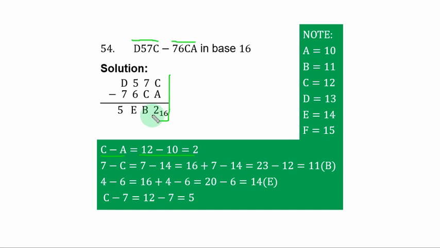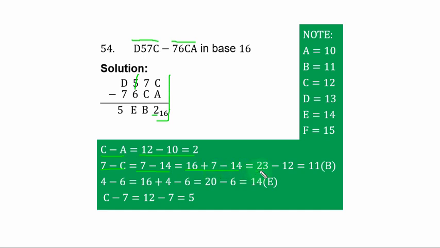That is the 2 you have here. Second column, you have 7 minus C, that is 7 minus 14, cannot. You come to this 5 and you borrow 1. That one you borrow is equivalent to 16.